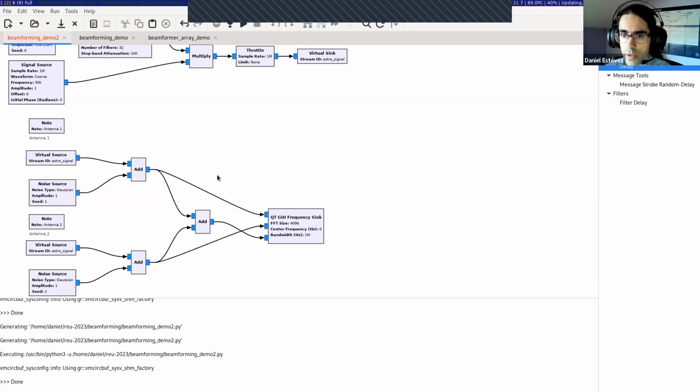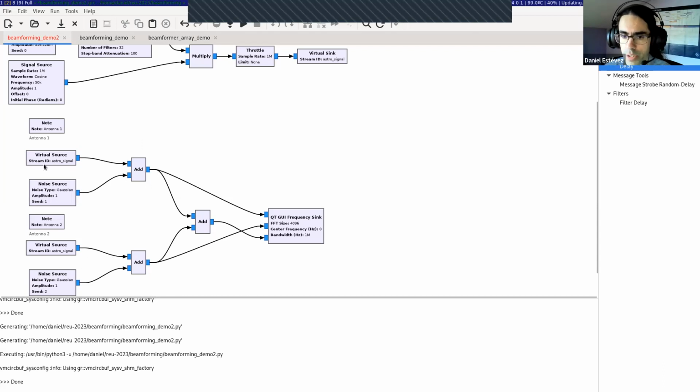That means the phase is constantly changing, and a change in phase versus time, as we saw in the previous tutorial, is the same as Doppler. So the Doppler frequency on one antenna is not exactly the same as on the other antenna. The difference is very small. It's usually a few hertz, depending on the frequency, but it's already enough to be something we can handle. In fact, we will see what happens if we do not handle it.